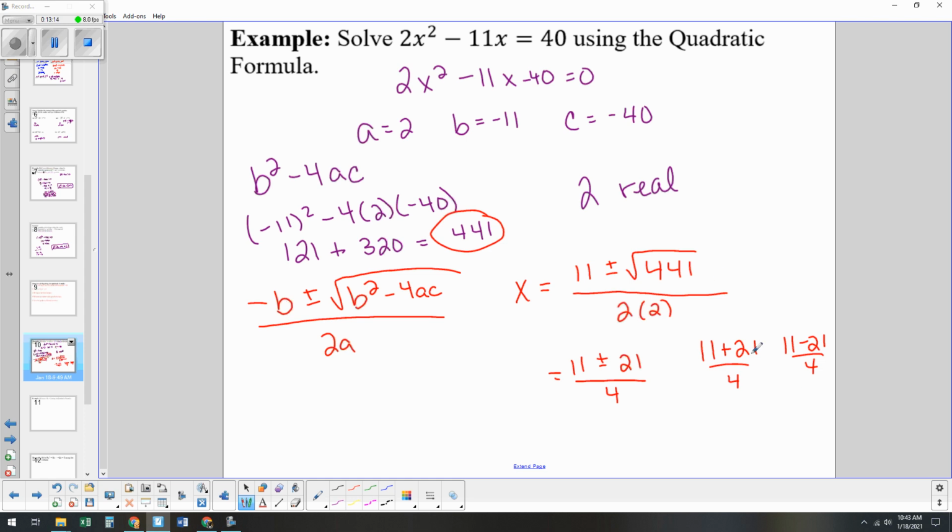So 11 plus 21 is really 32, and 32 over 4 is 8. So x equals 8. And 11 minus 21 is negative 10. Negative 10 over 4 is the same as negative 5 over 2, or negative 2.5. And those are my answers for this equation using the quadratic formula.